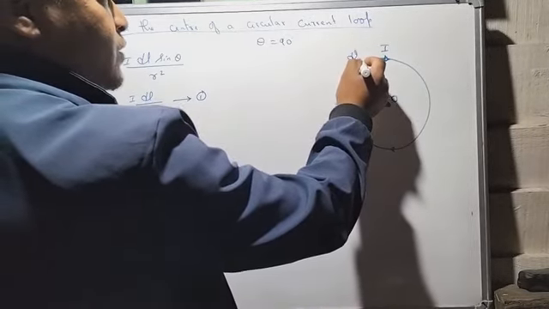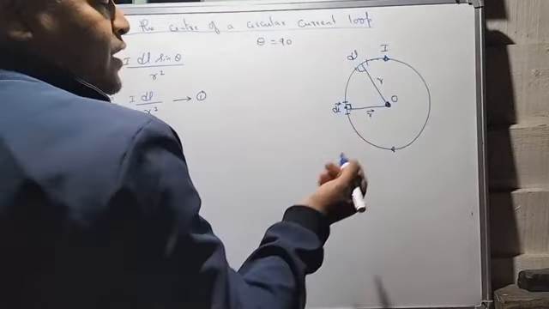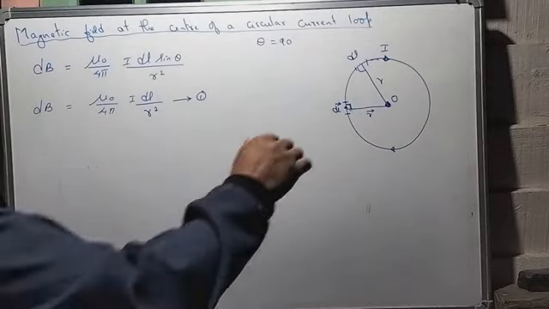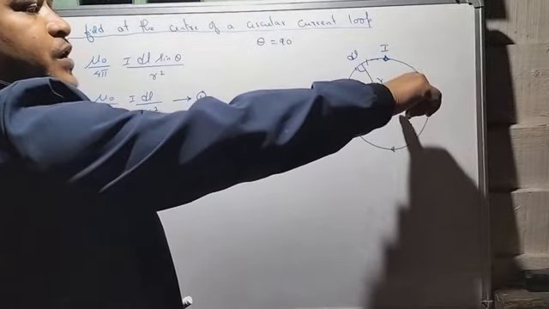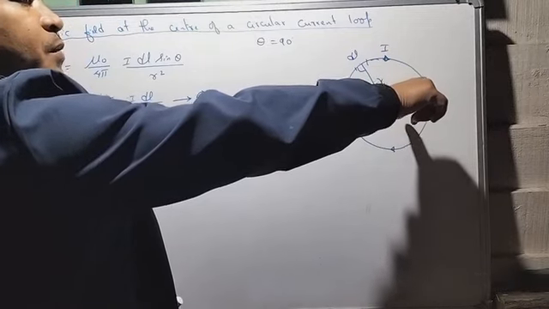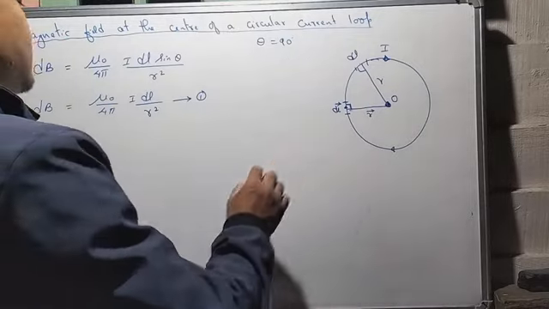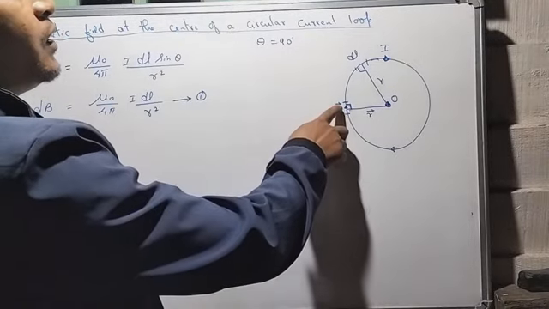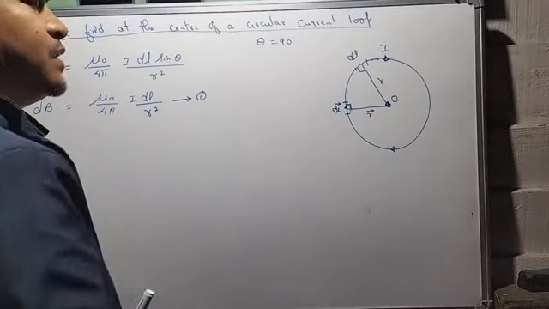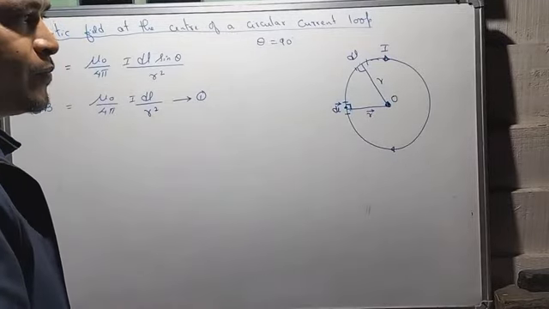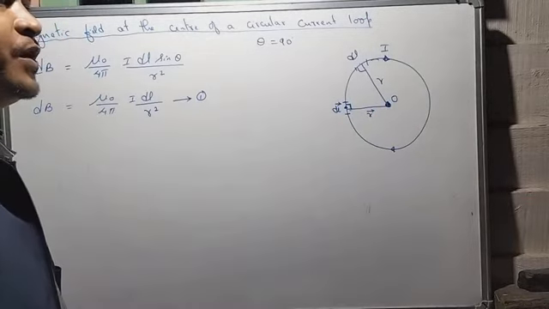Over here, the angle between this radius and the element dl is also 90 degrees. And at the center, the direction of this dB is always pointing inwards, perpendicular to the plane of the loop. So the contribution of all these current elements to the magnetic field at the center is the same, and the direction is always perpendicular to the plane of the loop.